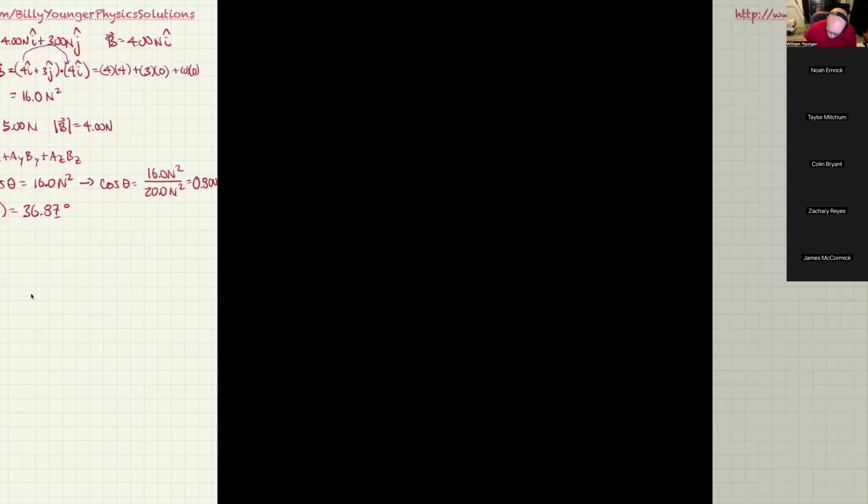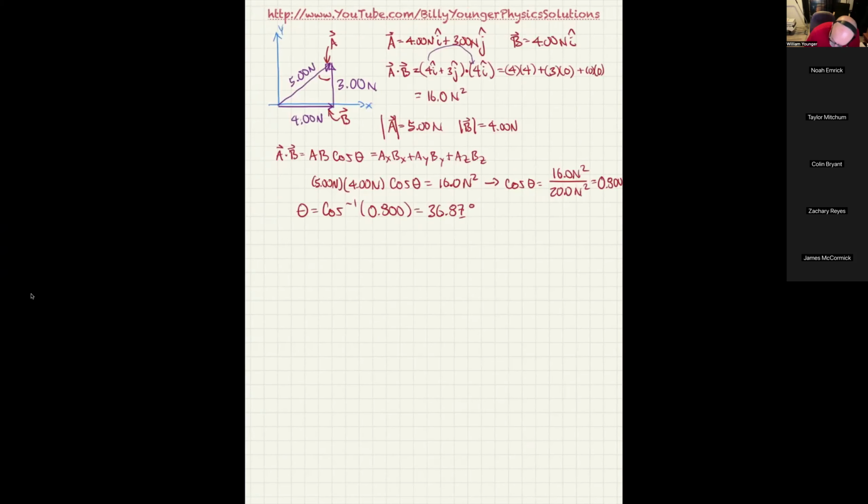Well, actually, before I do that, I should go ahead and mention what the units for work are. So we found that work, and I'm going to put an equal sign with a little dot over it because I want you to know that this is a formula, but it's only a formula that works if the force is a constant and the displacement vector that you're working it with is a constant.